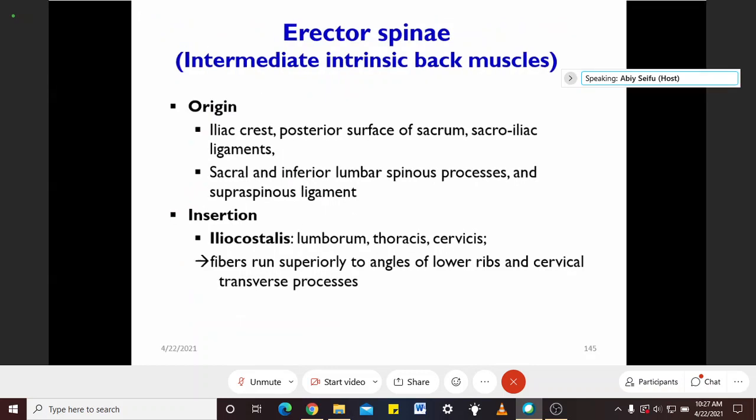Now let's see the origin and insertions of those muscles. Those muscles originate from a common point, but their insertions differ based upon the names of the muscles.